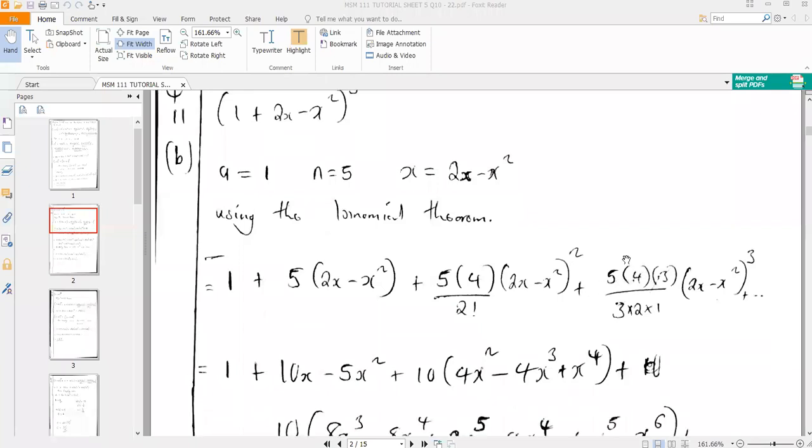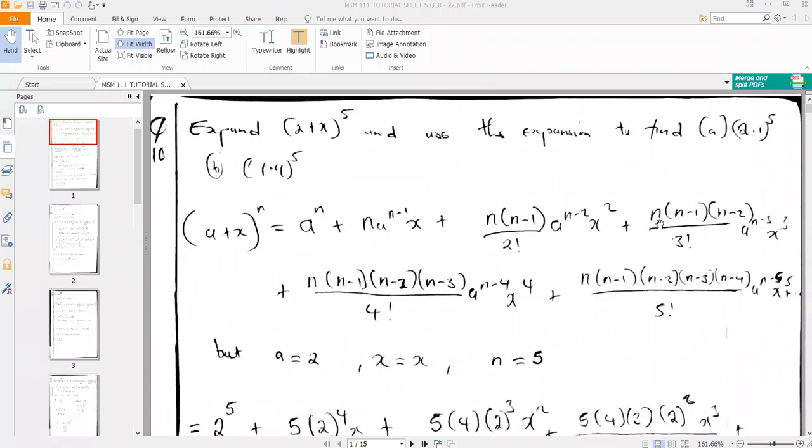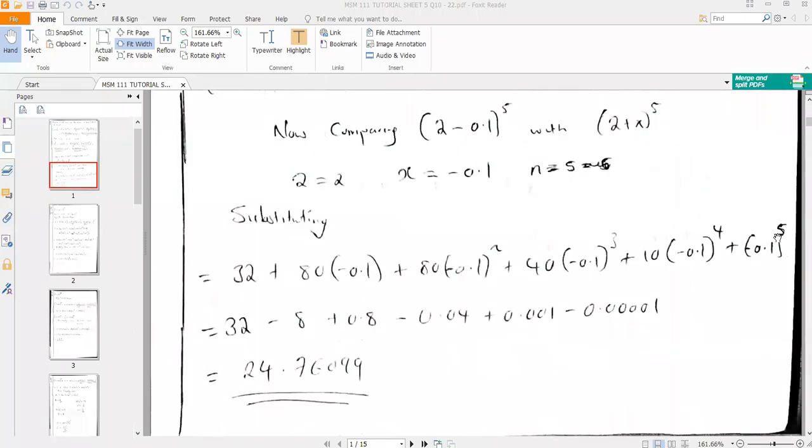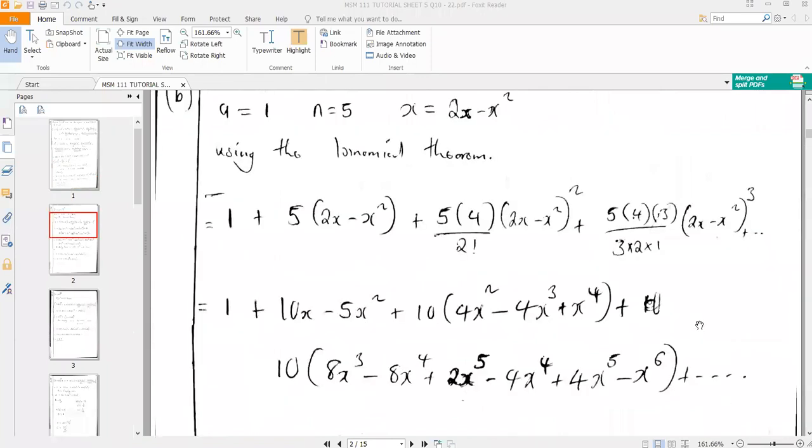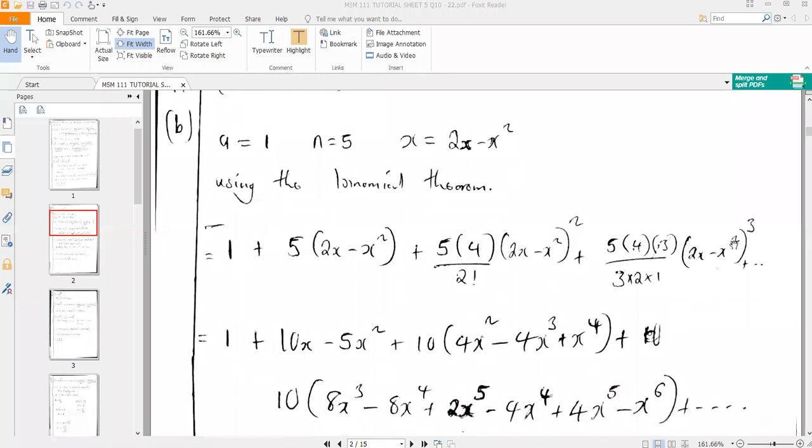We're just substituting for the power 3. Where there's n, we put a 5. Then where there's x, we put 2x minus x squared.